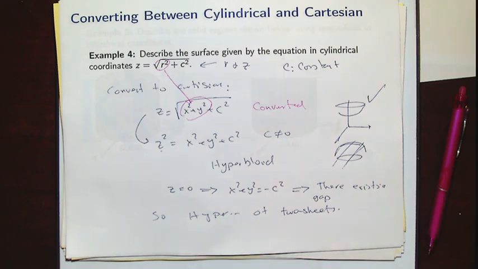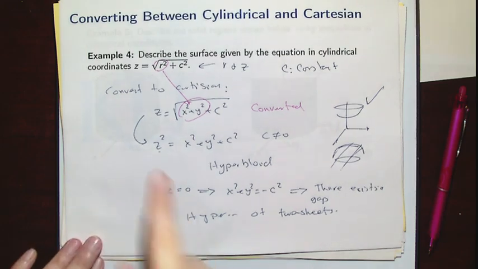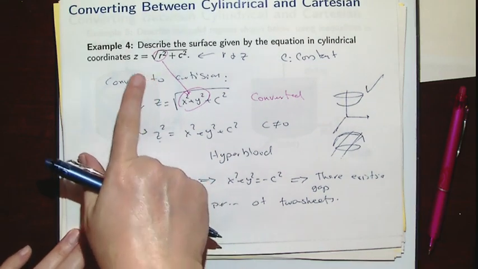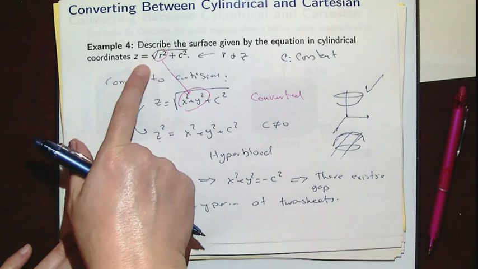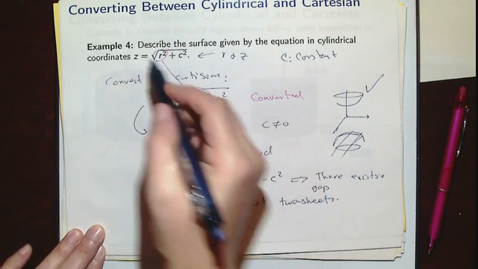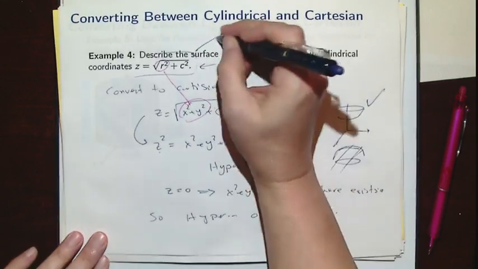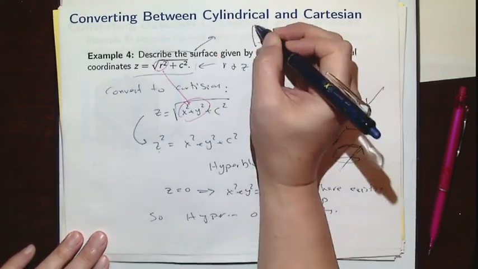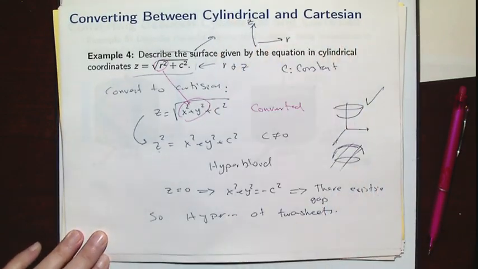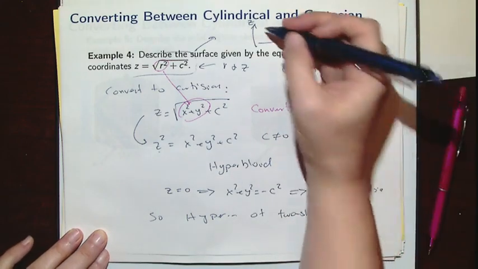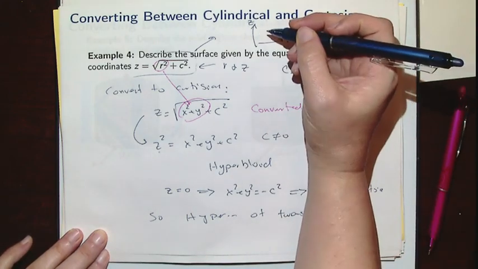So that's one way to convert. But the other way to think about it, and you're going to do this in the lab. In the lab, I'm going to ask you to graph this equation without conversion in R and Z. When you graph this equation in R and Z, you end up with a shape that looks like this.